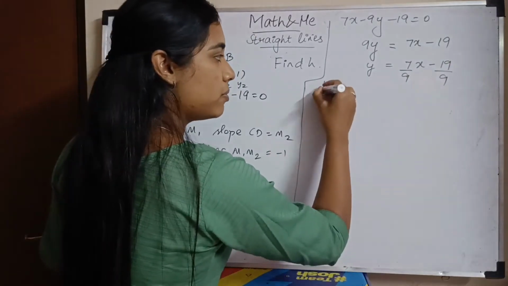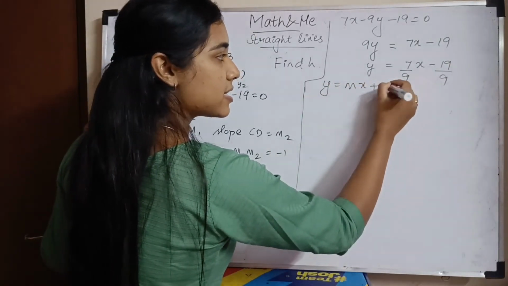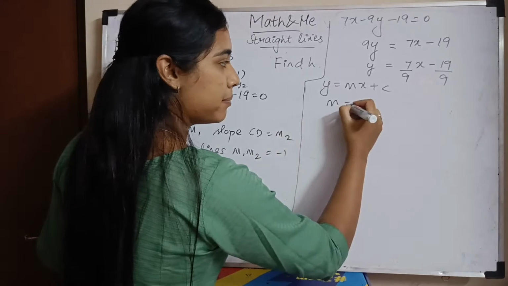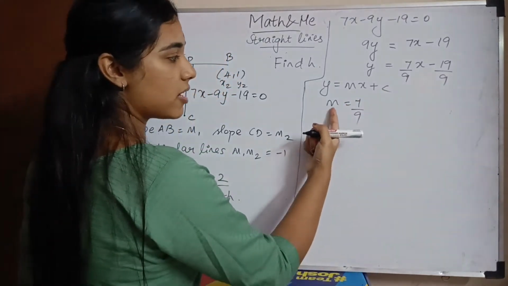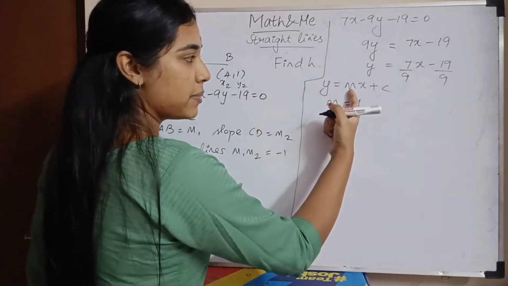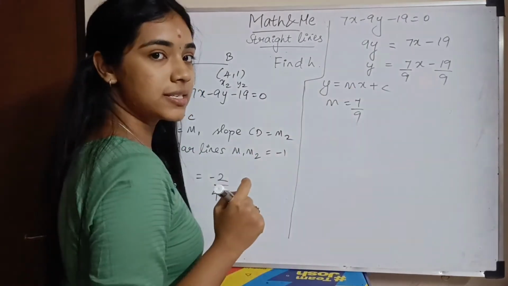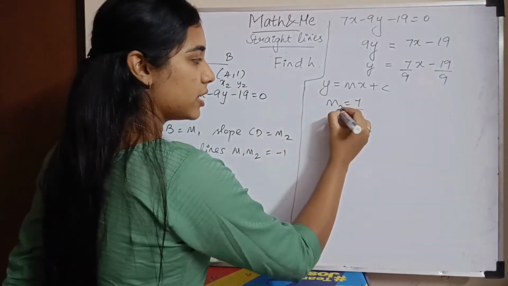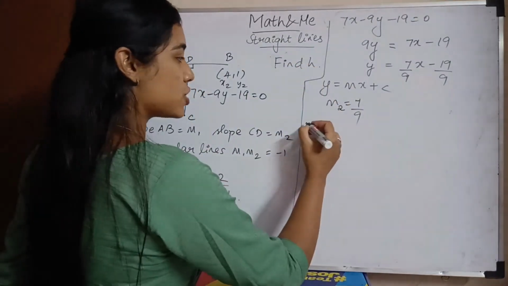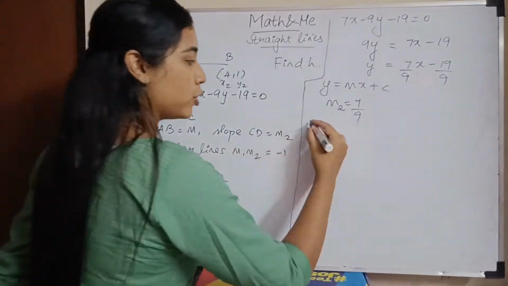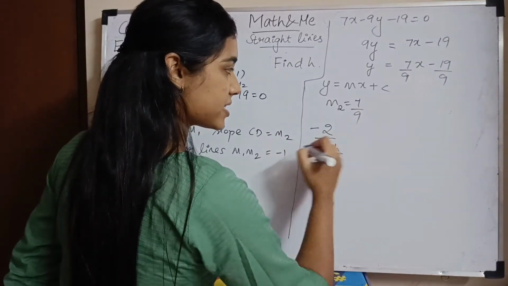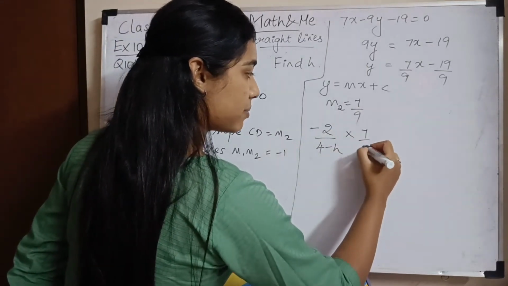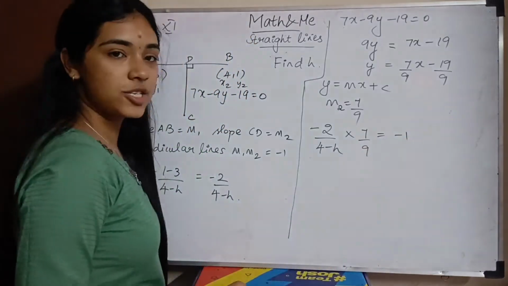This is of the form y equals mx plus c, where m is 7 by 9 and c is minus 19 by 9. Here our concern is the slope. M is the slope and c is the y-intercept. So m is m2 in our case. So what is the product? m1 times m2, which is minus 2 divided by 4 minus h times 7 by 9 equals minus 1.